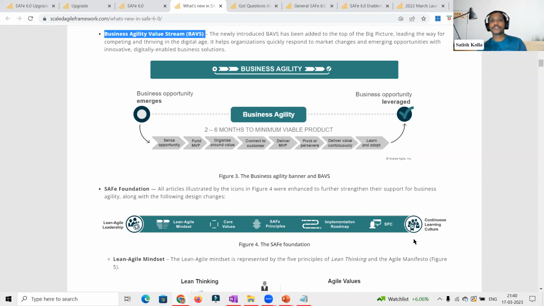Half the time we used to get questions: why is continuous learning culture not there in essential? Or does that mean in the essential implementation we do not need to focus on continuous learning culture? Not at all. It is required, and that's the reason this change is being brought into version 6.